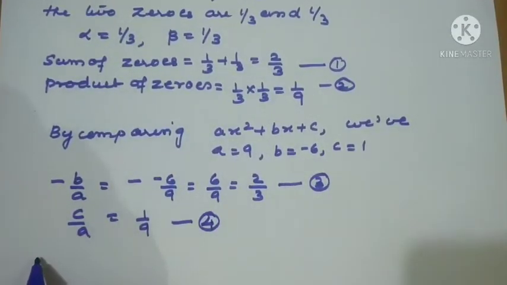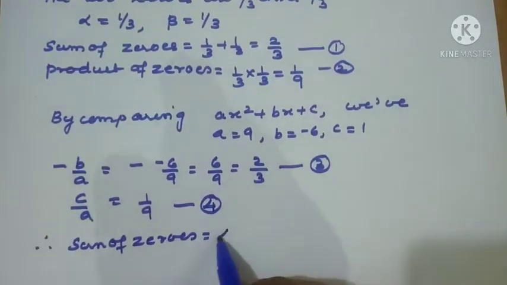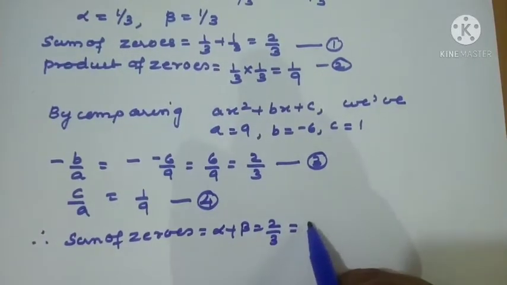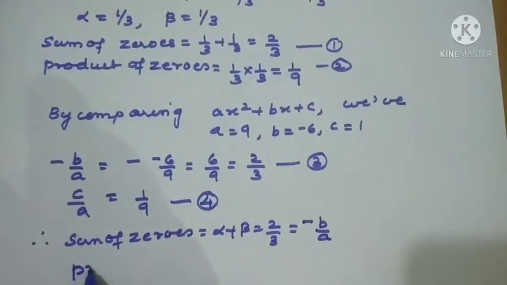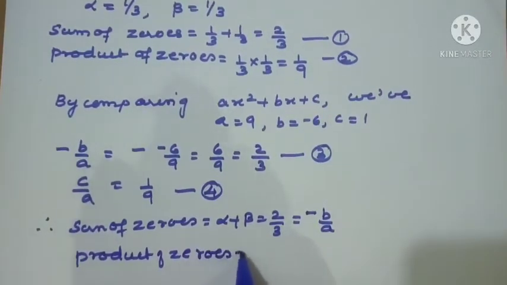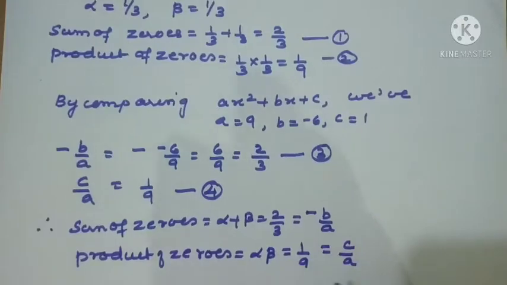So therefore sum of the zeros, alpha plus beta, equal to 2 by 3, which is equal to minus b by a. And product of the zeros, alpha beta, equal to 1 by 9, which is equal to c by a.